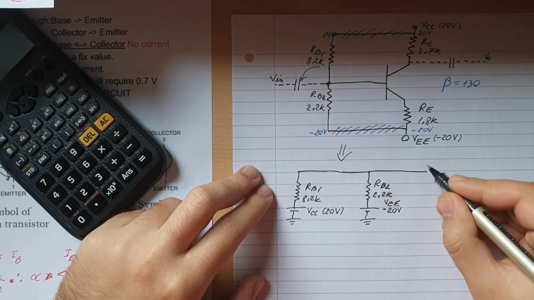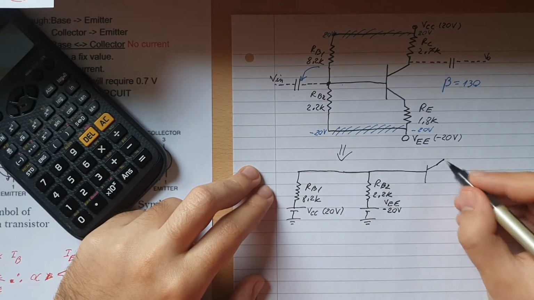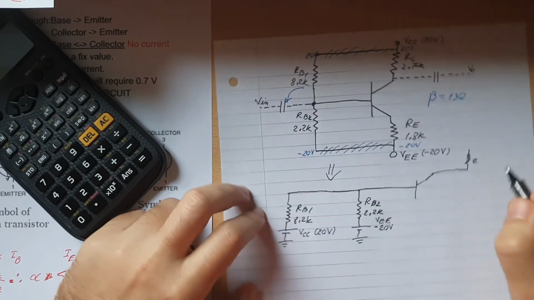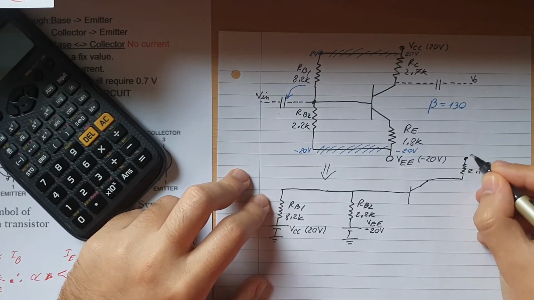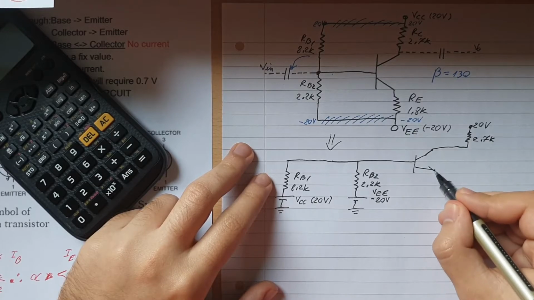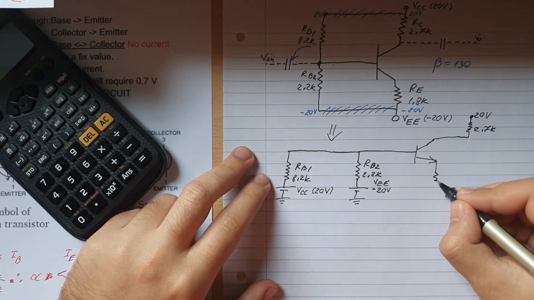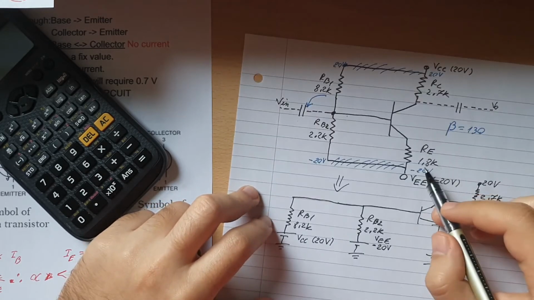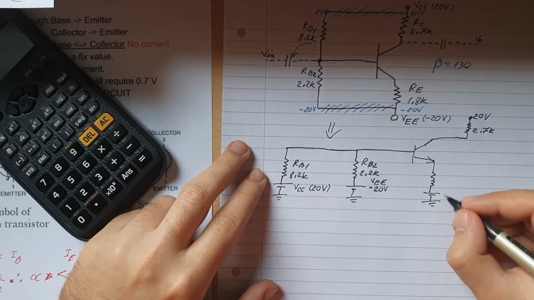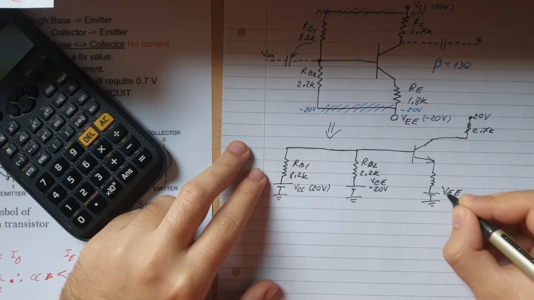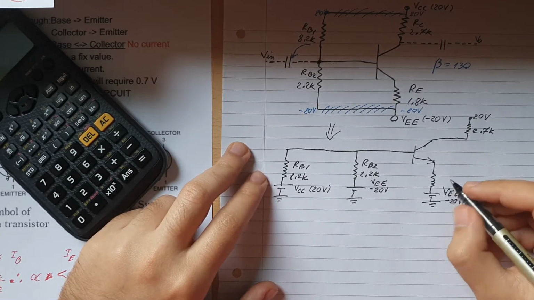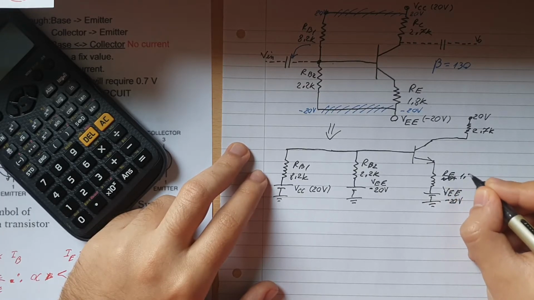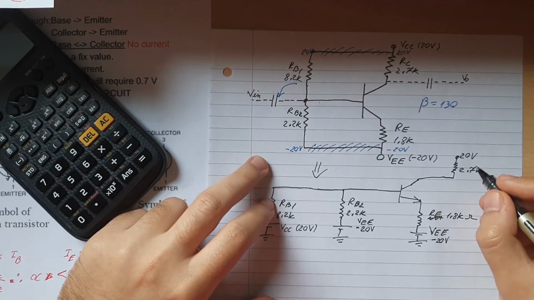And then this one is connected to the transistor, and this side of the transistor is the side with the 2.7K, that's connected to 20 volts, and the downside of the emitter that's connected down here is the one that's connected to the VEE of minus 20 volts, and that one will be the RE, which is 1.8 K ohms, and this one, let's call it the RC.